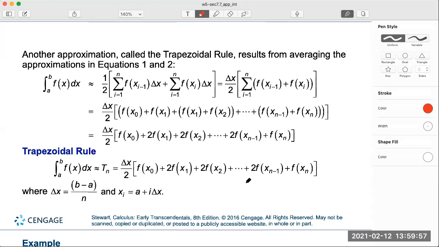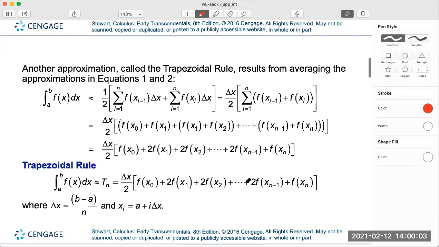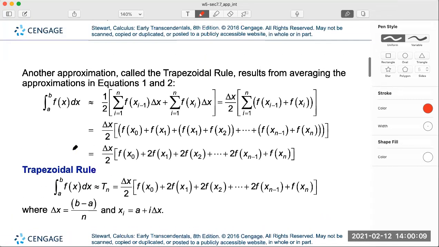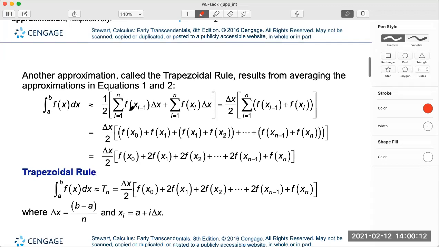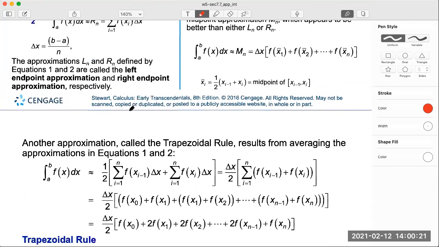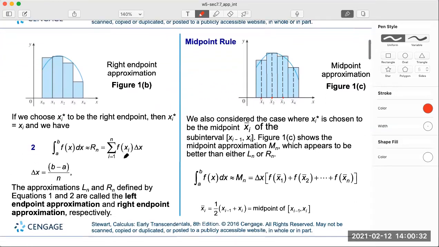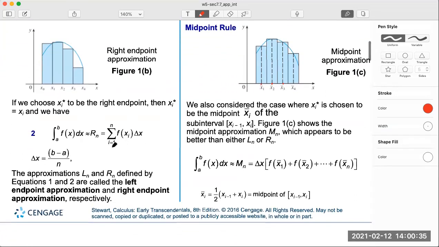But now, if we take an average of the left endpoint rule and the right endpoint rule, we call it the trapezoidal rule. Look at this. The left endpoint rule is the sum of f(x_{i-1}) delta x, and the right endpoint rule is the sum from i equal to 1 to n of f(xi) delta x.